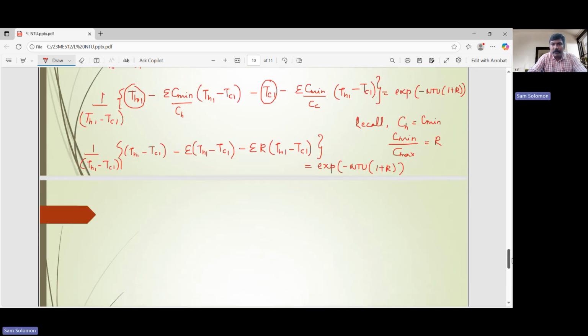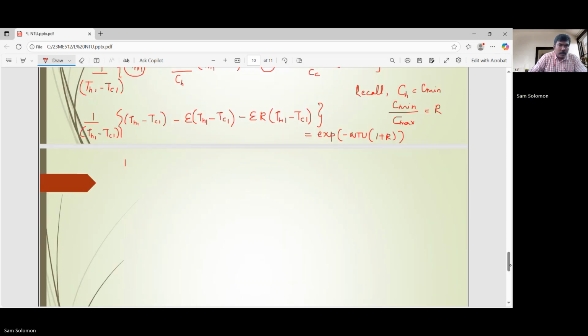The next thing we do is, you can see that effectiveness is common in terms 2 and 3. So in the denominator we have 1 by TH1 minus TC1, and inside we have already taken TH1 minus TC1. Now effectiveness and TH1 minus TC1 are common, which gives us 1 plus R, because this minus is common on both sides.